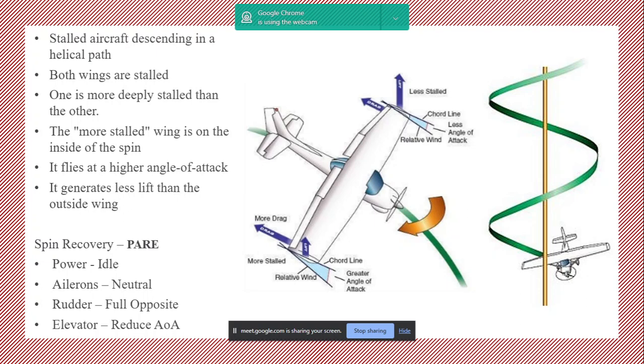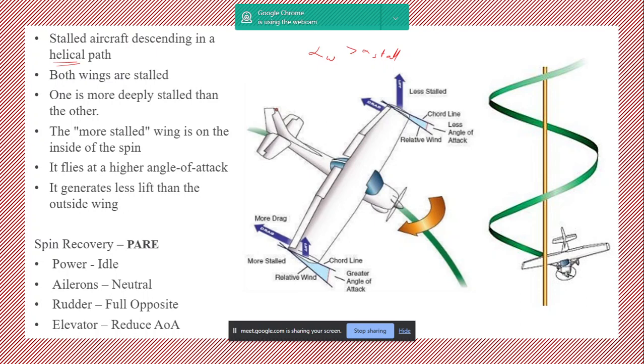What is a stalled aircraft? When both the wings have crossed your stalling angle, alpha stall, it is at an angle higher than the alpha stall. So alpha of both wings is greater than alpha stall. Like he said, it moves down in a helical path or spiral path. So both wings are stalled, but one wing is more stalled than the other.